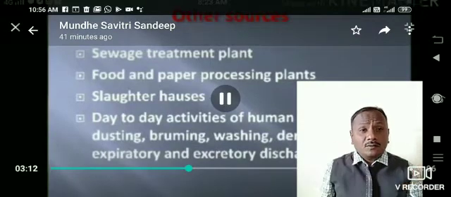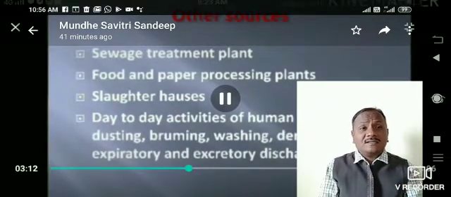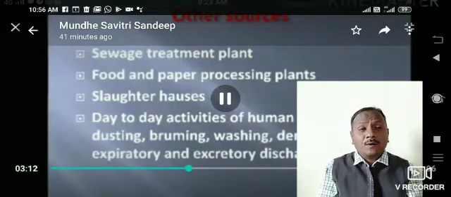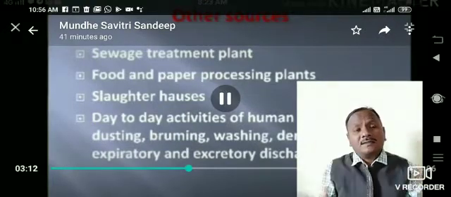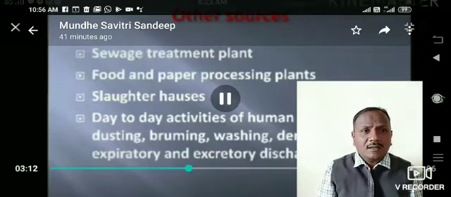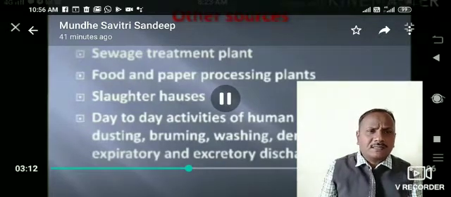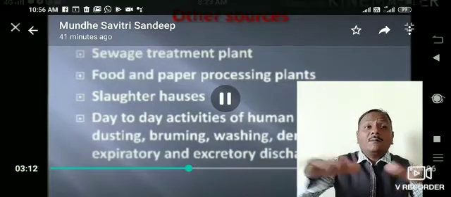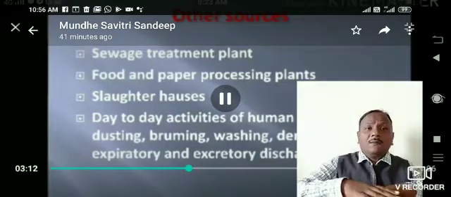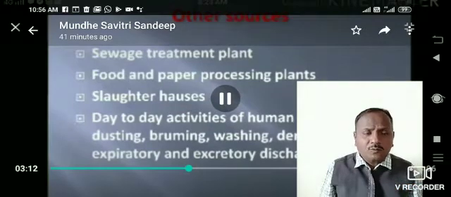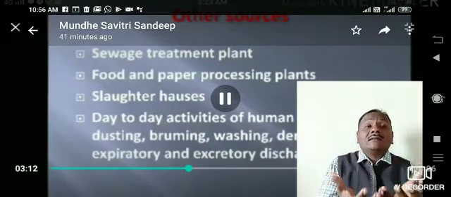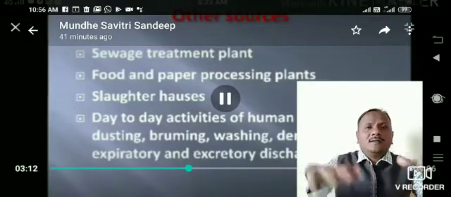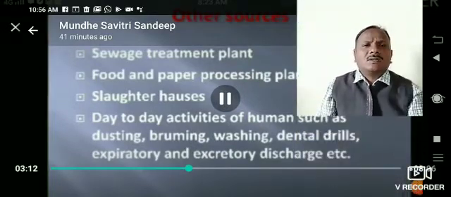From these industries, a number of contaminating microorganisms get mixed into the air. Once they are mixed in the air, they settle with the help of dust particles, water droplets and other things. They are very light-weight, that's why they remain suspended in the air.